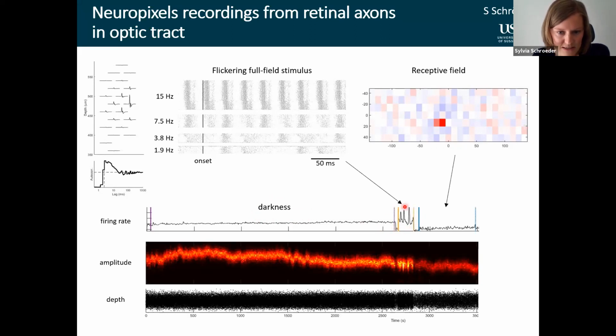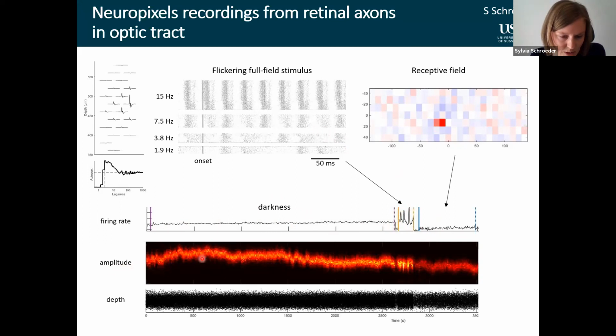Then you can see how the firing rate changes when we suddenly show this flickering stimulus. And then here we show the receptive field. Within each stimulus paradigm, the firing rates are stable, or they make a lot of sense, right? For certain frequencies, the unit spikes more than others.